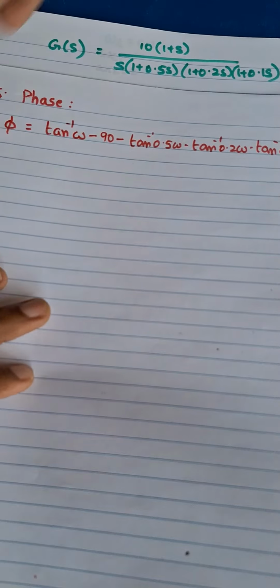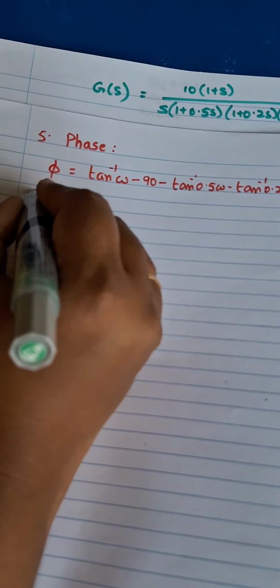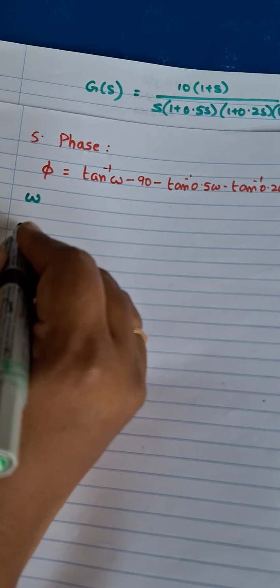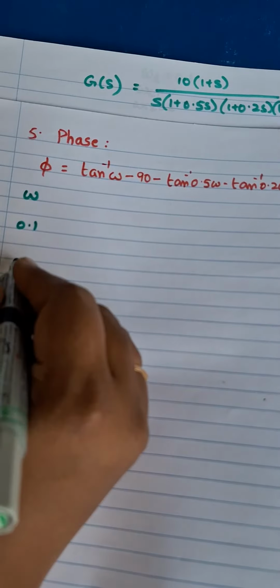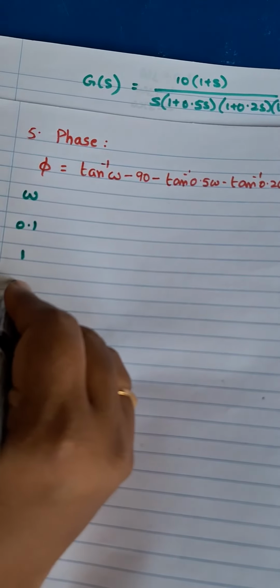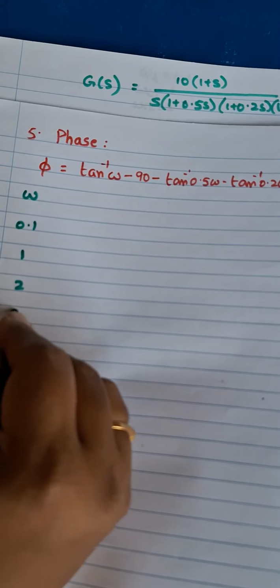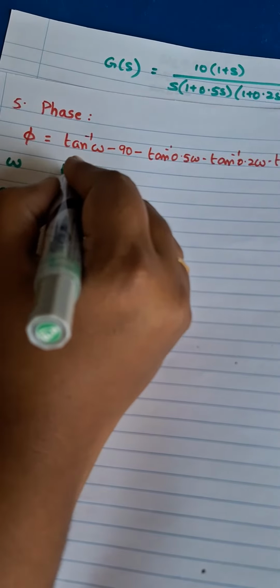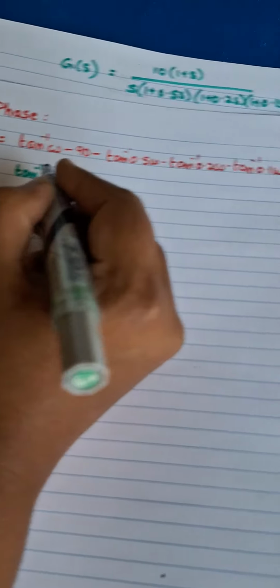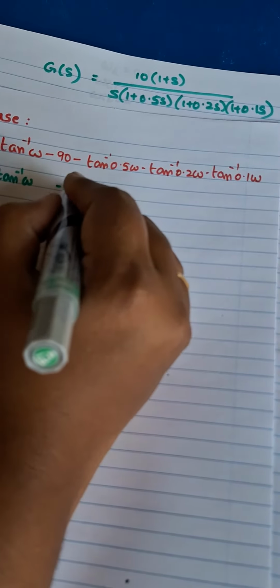Now, what are our frequencies? Our frequencies are omega L is 0.1, then we have 1, 2, 5 and 10. These are our frequencies, right? Next, we should find tan inverse omega. Then just write down minus 90.